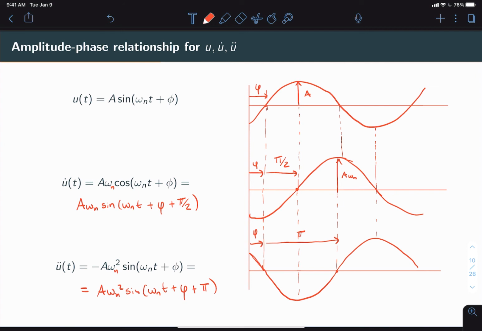Because when the system, the mass, is at an extreme of vibration, that's when the displacement is maximum, but the mass actually stops at that point. So the velocity is zero. Conversely, when the displacement is zero, the mass is at the equilibrium position, it is actually at the maximum velocity. And the acceleration, which has an amplitude of a times omega n squared, is actually always opposite in sign to the displacement.